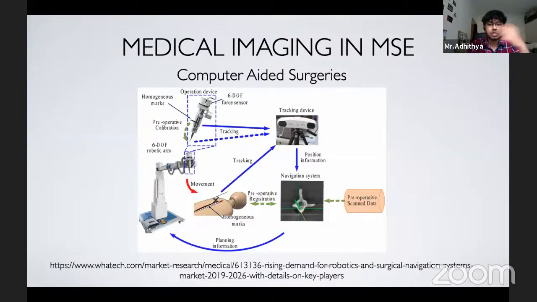And this is just a general setup which explains, just to give you an overview, not too much in depth. So equipment which is used in the robotic arm has some sensors which the camera can track, the tracking device. And when this operating device is moving on the patient, the camera tracks this movement.